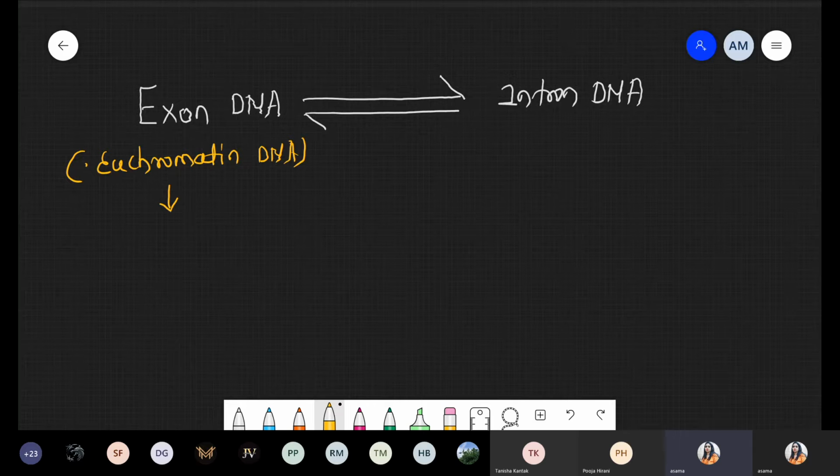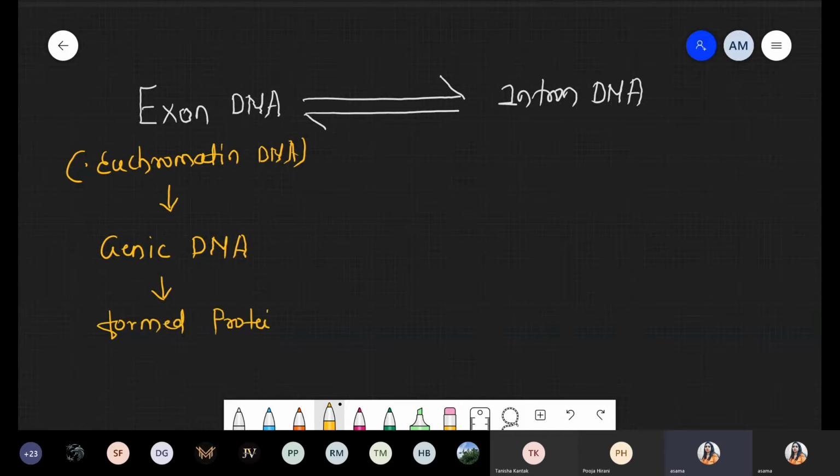So euchromatin DNA is simply genic DNA, and such genic DNA can form a protein. These are the functional part of DNA responsible for the formation of protein. Such DNA is called exon DNA, also called euchromatin DNA, also called genic DNA.